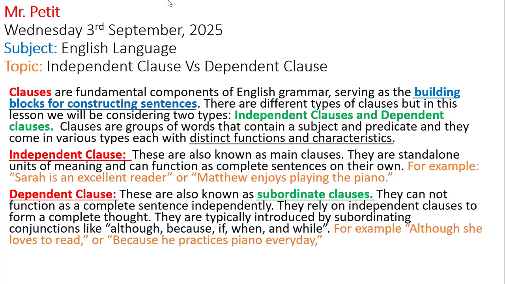So what's the difference? Anyone can answer between independent clauses and dependent clauses. Go ahead. Independent clauses can stand alone. Let me ask someone else. Cleveland, what's the difference between independent and dependent clauses?